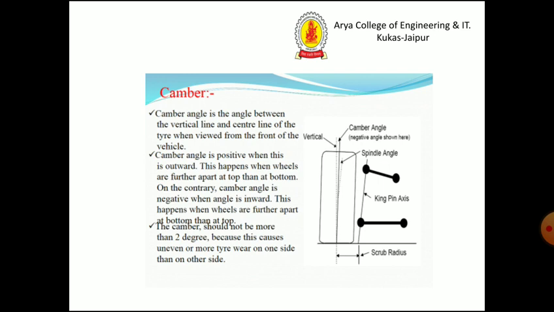What is camber? Camber angle is the angle between the vertical line and the center line of the tire when viewed from the front of the vehicle, as shown in the figure.